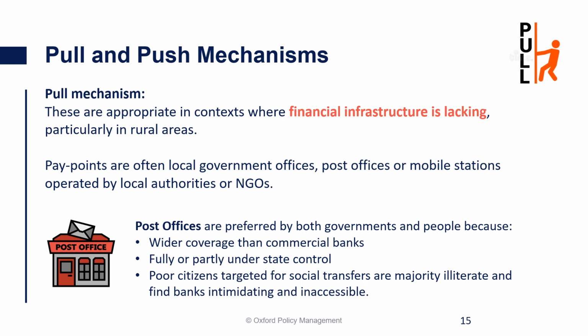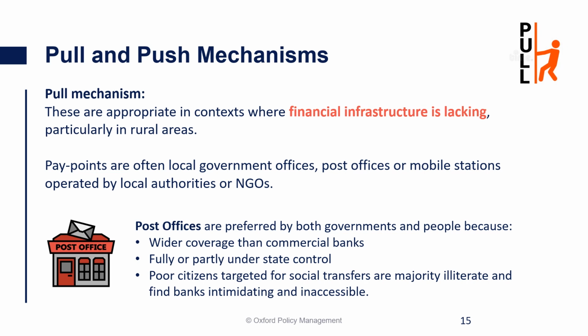Delving deeper into both mechanisms, pull mechanisms are appropriate in contexts where financial infrastructure is lacking, particularly in rural areas. Pay points are often local government offices or mobile stations operated by local authorities or NGOs. Alternatively, post offices may be used.